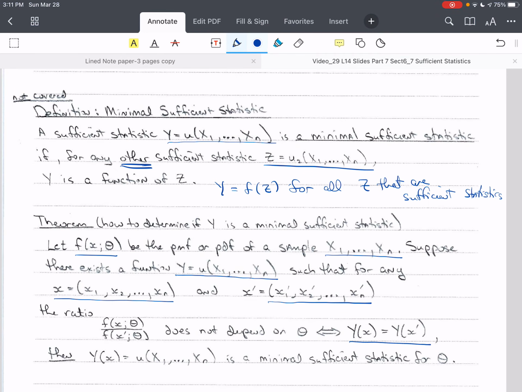This condition has to be true. Okay, so the ratio does not depend on theta if and only if the function of x, y of x, is equal to the function of x prime. Then y of x, which is u of x1 up to xn, is a minimal sufficient statistic for theta.